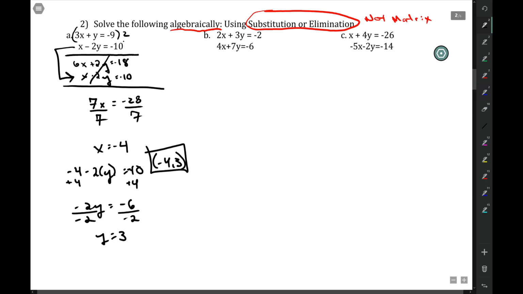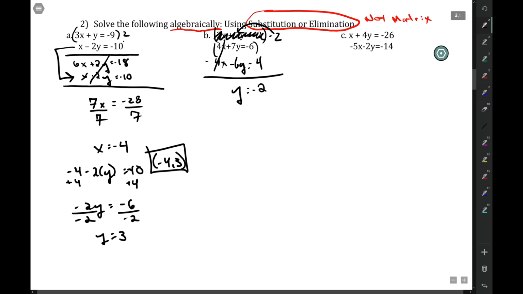So there's an algebraic one. This one here looks like we will multiply the top by negative 2. Okay, so that leaves me with negative 4x minus 6y equals 4. So this one is new and improved. X's cancel. I have y equals negative 2.